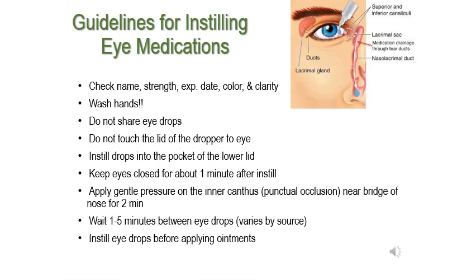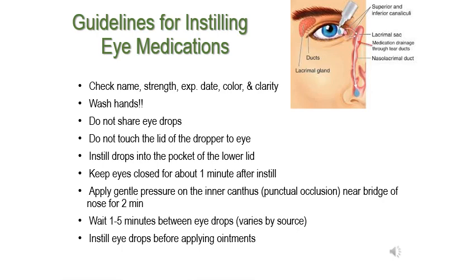There is varying literature on how long to wait between eye drops, anywhere from 1 to 5 minutes depending on the source. The main thing is that if you have a couple of different eye drops, we can't just plop all the drops in. Your eye can only hold so many milliliters of fluid, so if they just come right back out, there is no point.